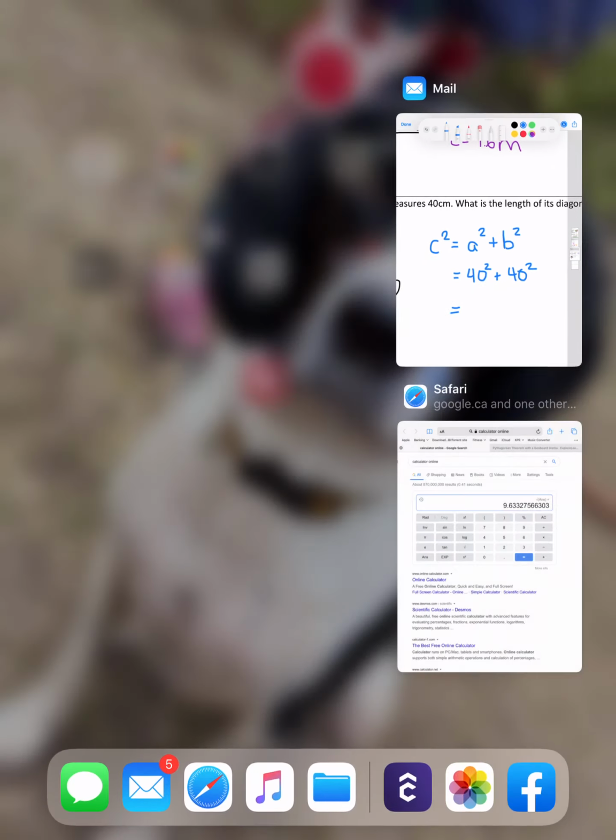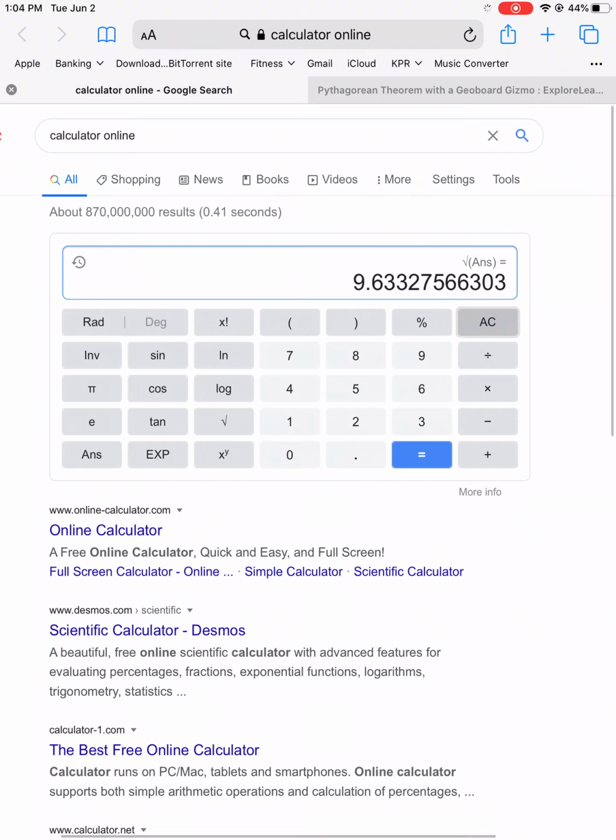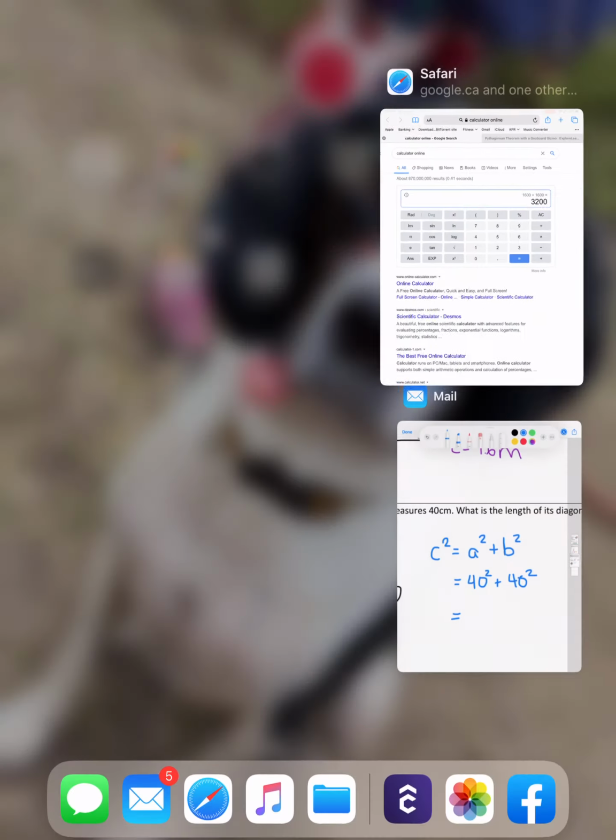It's 40 squared, 1600. Plus 40 squared, or 1600 again, is 3200.